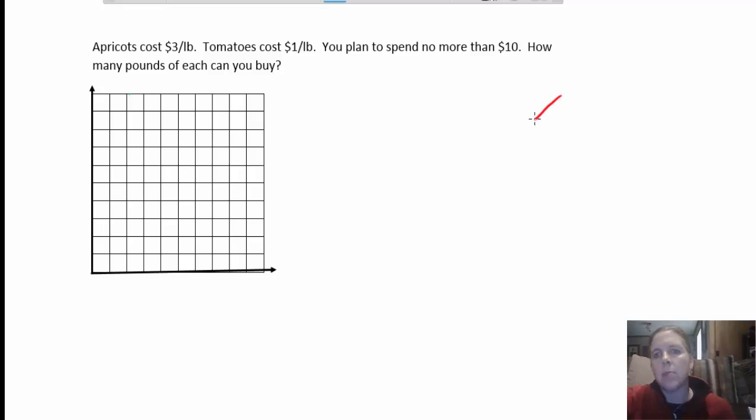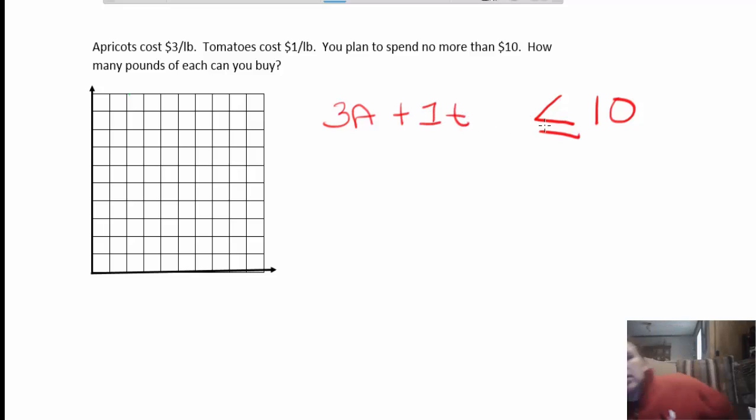So it has to be less than or equal to $10. Okay, and we have apricots, so let's call apricots A. They're $3. 3A plus 1T for tomatoes is less than or equal to $10.